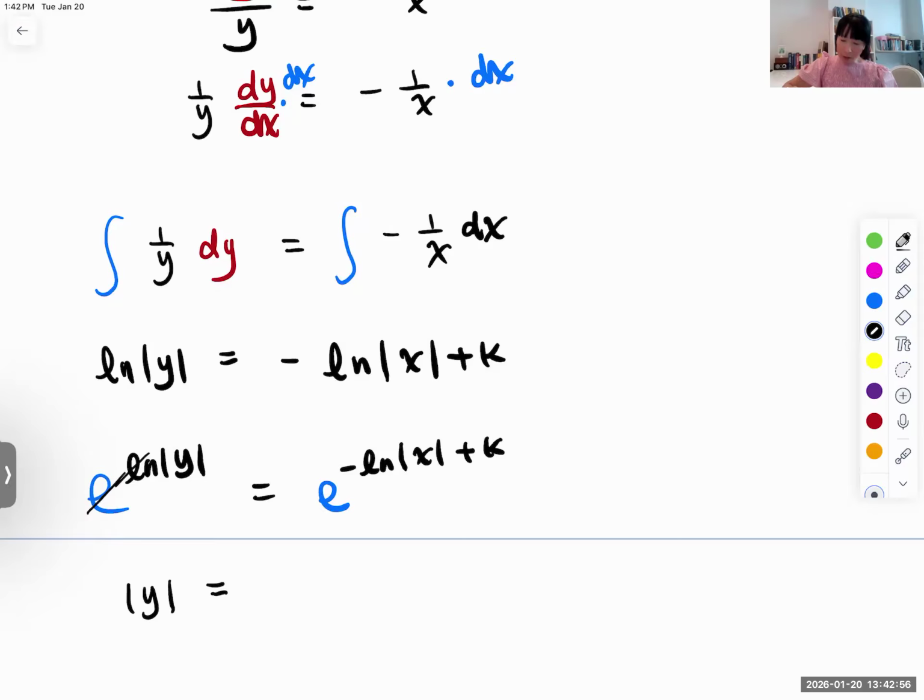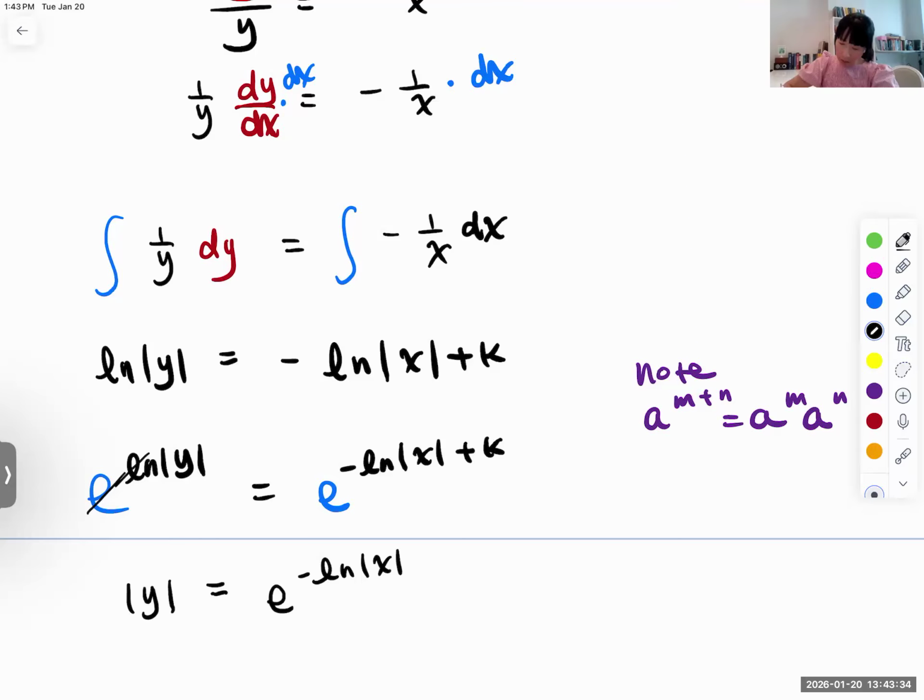hold on 1 second. We can split, right? So we can split a to the m plus n, which is a to the m times a to the n, right? That's why we can split. So e to the negative ln x, but then we have a negative sign we can bring to the power, right?